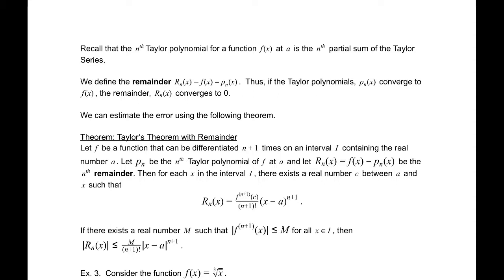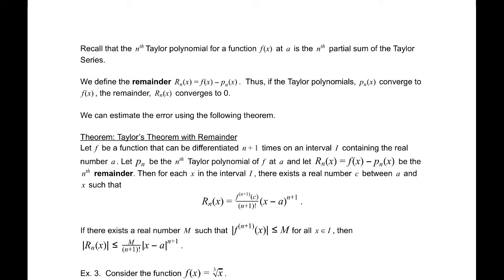Then for each x in the interval I, there exists a real number c between a and x, such that Rn of x is equal to the n plus 1th derivative, evaluated at whatever that value c is, divided by n plus 1 factorial times x minus a to the n plus 1.